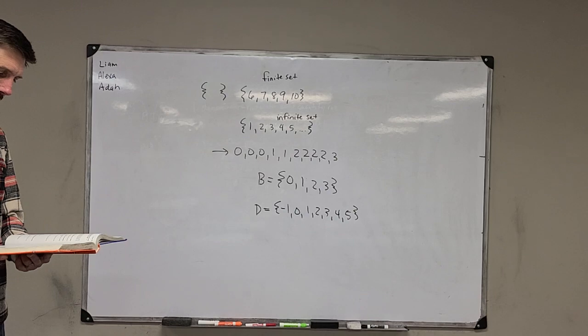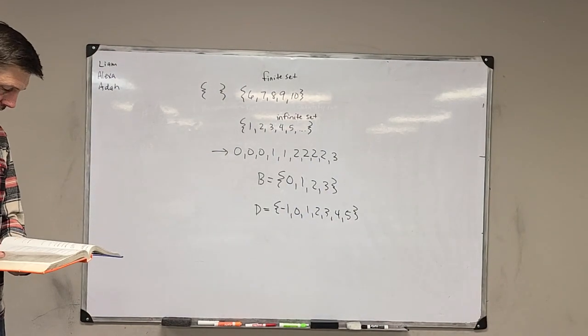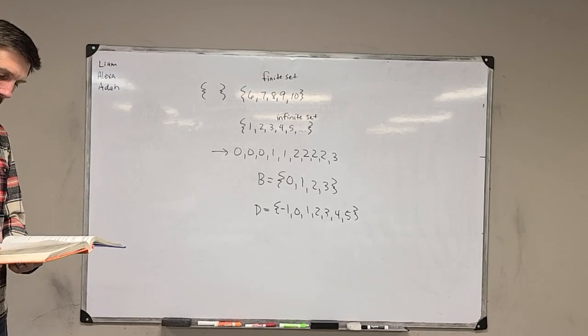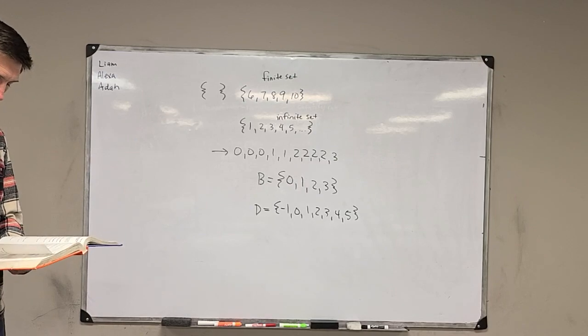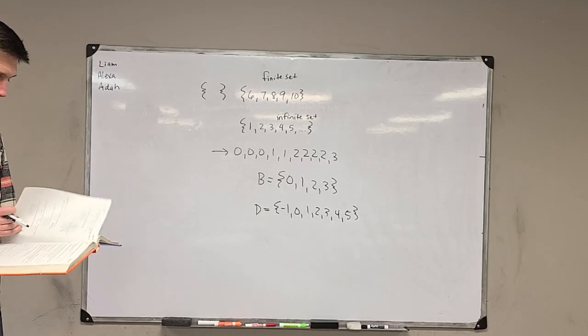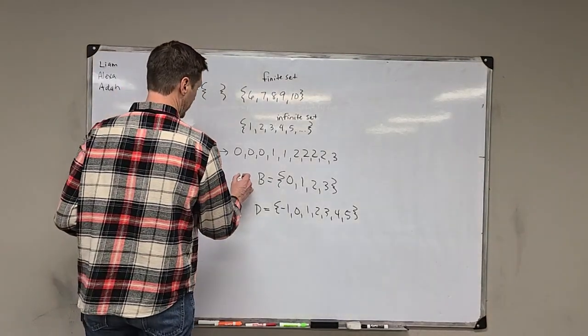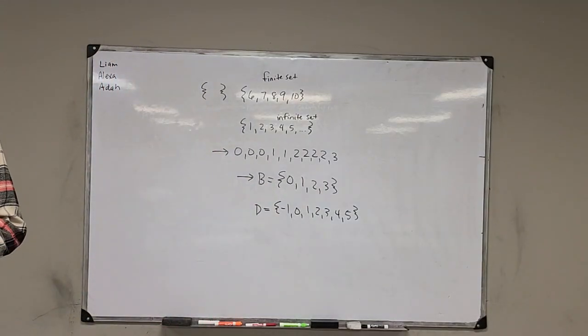Let me find the right way to say this, how they say it in the book. Actually, they're not even doing that yet, so they're not using it with sets, but I'll just go ahead and introduce you guys to this idea. Do you see that we could say that set B is contained within set D?